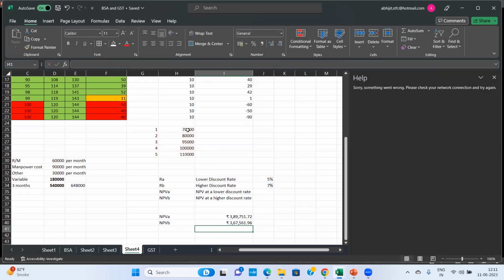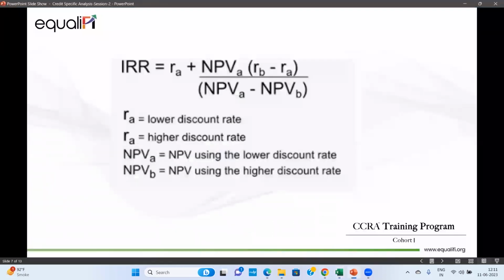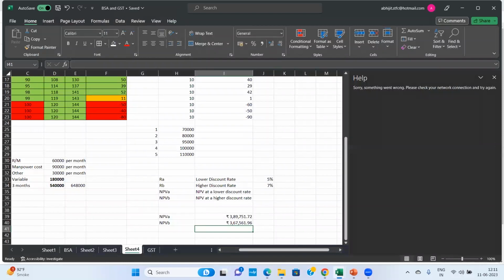Yeah. Now tell me, go back to the formula of IRR. I know RA, I know NPVA, I know RB, I know NPVB. Now find out the IRR. I know RA, RB, NPVA, NPVB. I know the formula. Just put the figures and find out the IRR.